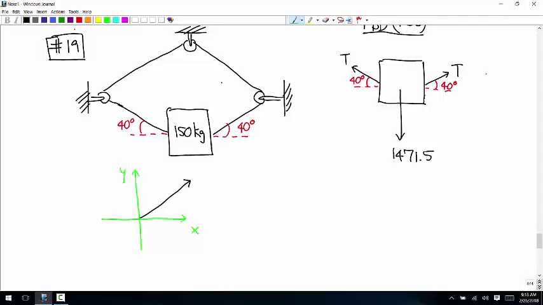That's like this, where this angle is 40 degrees. So what's the counterclockwise angle from the x-axis to? Right, that one's easy. Okay, so that force vector is T times cosine of 40, T times sine of 40.